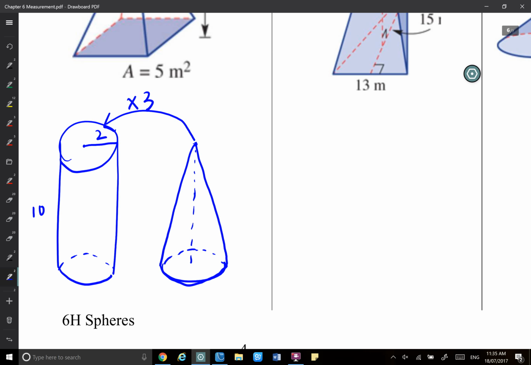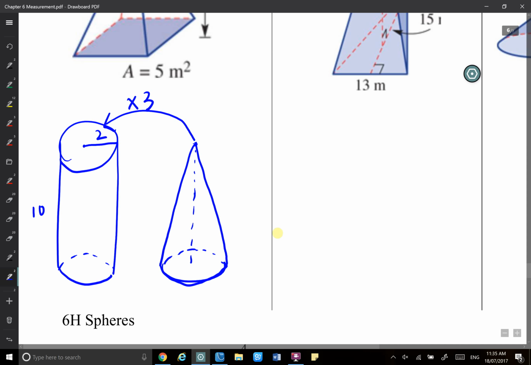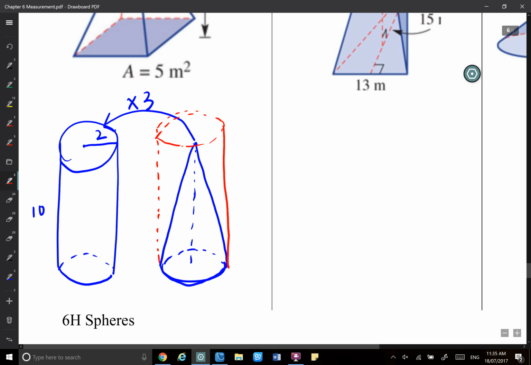So this one will contain less, because if you complete this, that's the cylinder. The red one is the identical cylinder to this one.